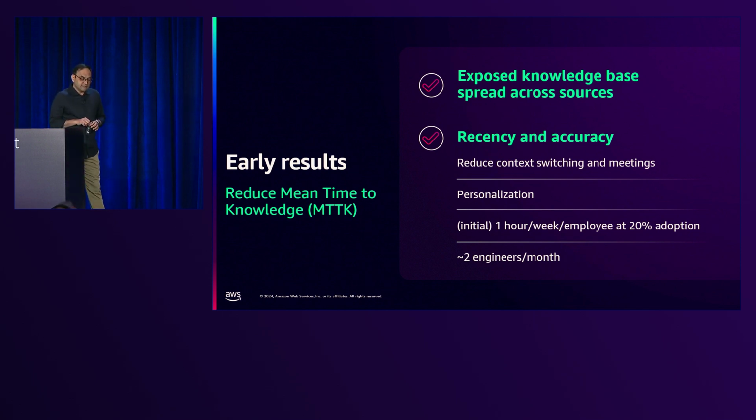As you see in the early results, we are at 15 to 20% adoption, which is starting to grow. We made a low-ball estimate of one hour per week per employee, which translates into savings of two engineers per month.